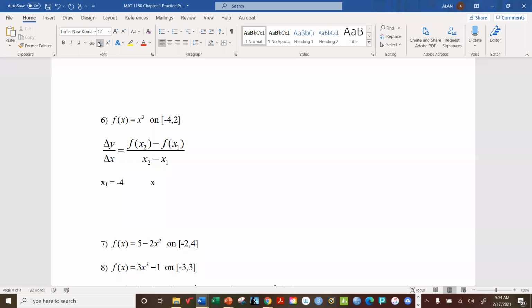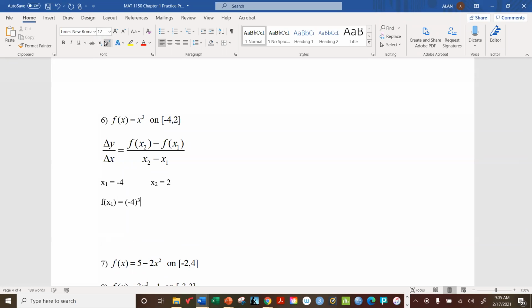And x2 is the 2 right here. So we have to figure out for ourselves f of x1. That would be -4 cubed, which is -64.